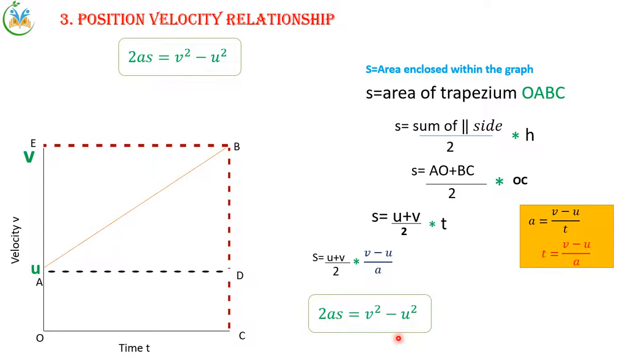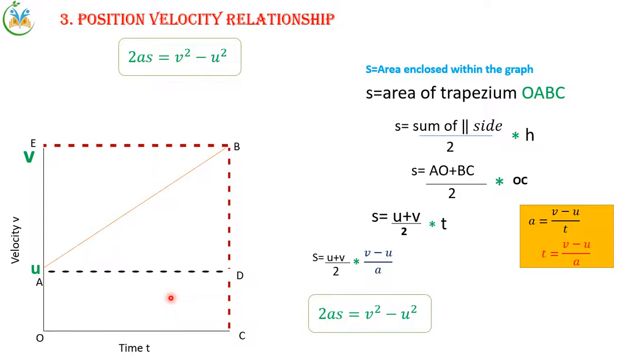So once again, I am going to repeat it. See friends, in the position time relationship, we calculated the area of the triangle and the area of the rectangle, and we added both and got the total area enclosed within the curve. But in the position velocity relationship, we are going to calculate the area of the trapezium, which is OABC.